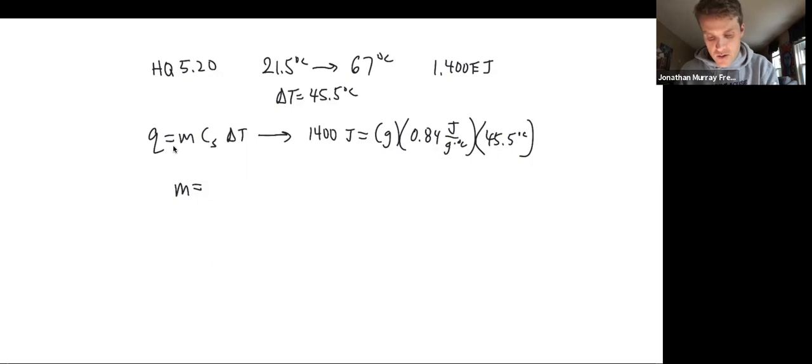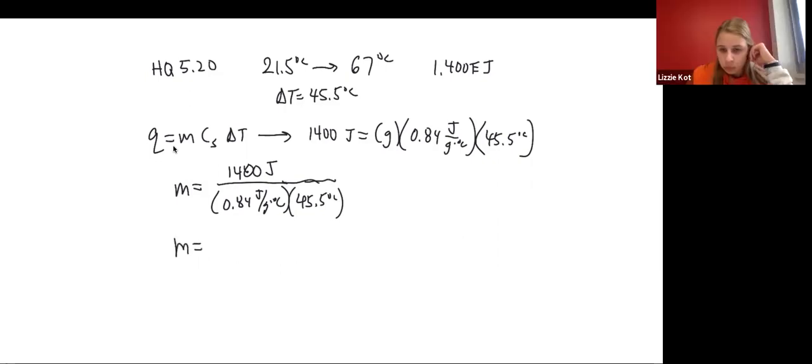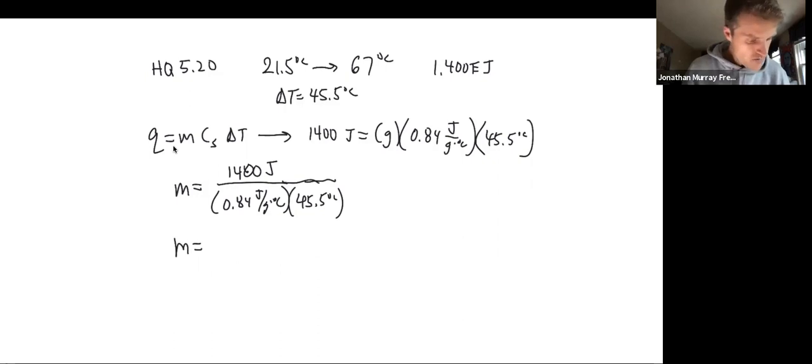So my mass equals 1400 joules divided by 0.84 joules per gram degrees Celsius times 45.5. So mass equals, let's see, 1400 divided by 0.84 times 45.5. And so I get 36.63.